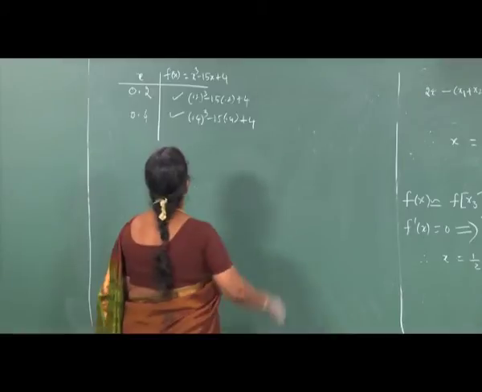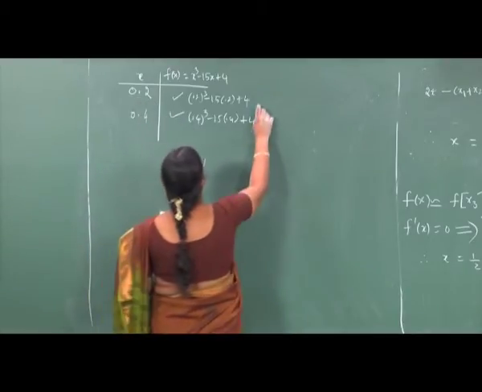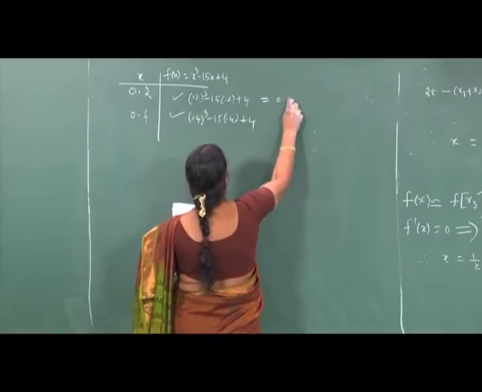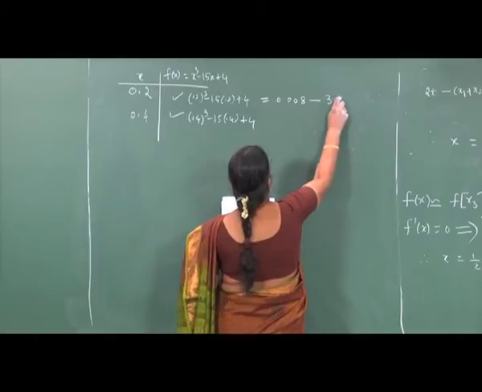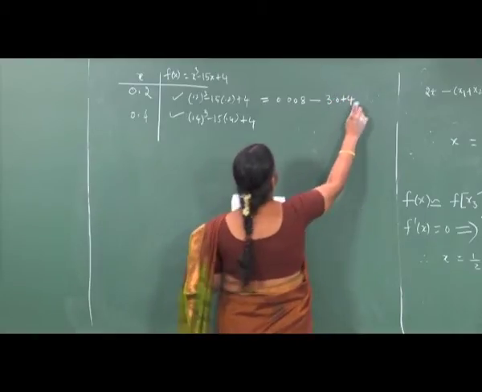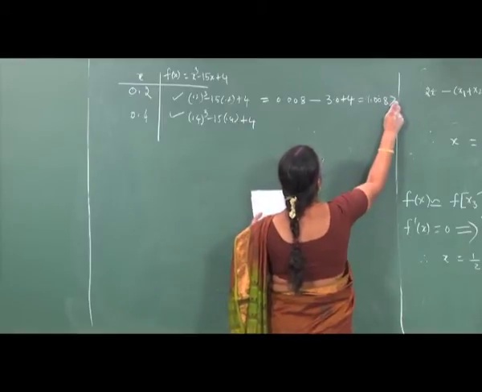So, I would like to look at the value of the function at 0.2. This gives you 0.008 minus 3 plus 4, which is 1.008, which is positive.